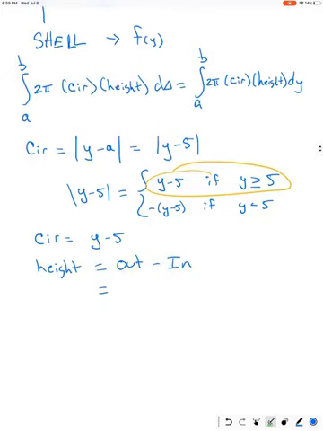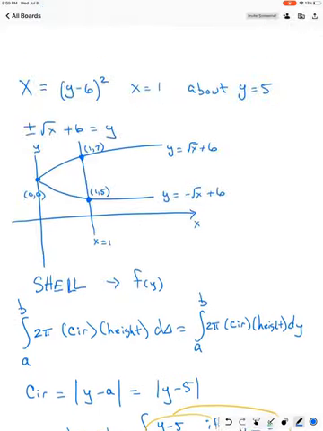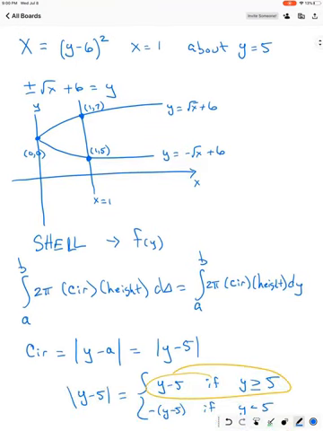So 1 is my outer part, and my innermost part will be the x. But we're not writing things in terms of x, we're writing things in terms of y. So y minus 6 squared is equal to x. Remember that that's equal to x. So I did the outer part minus the innermost part, 1 minus x, and x is equal to this thing when I write it in terms of y.